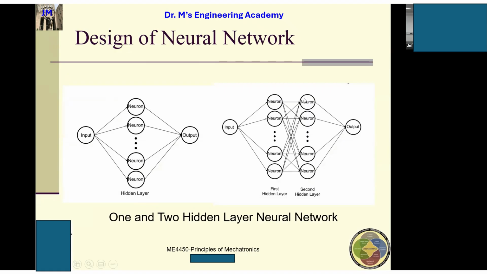This one has one input value and one output value. This also has one input value and one output value. And you can see clearly for these two hidden layers, each neuron is connected to all of the neurons of the next layer, right?